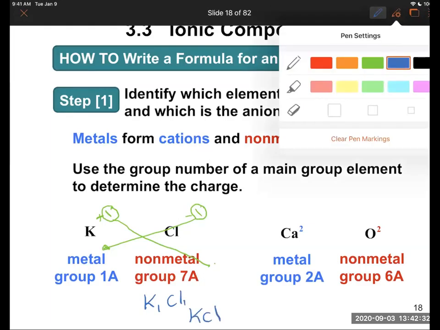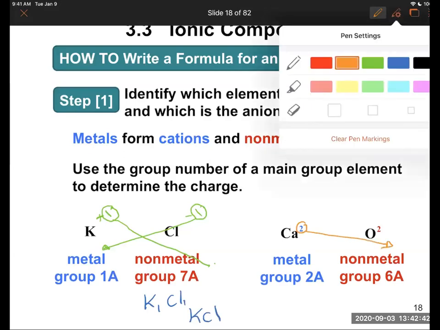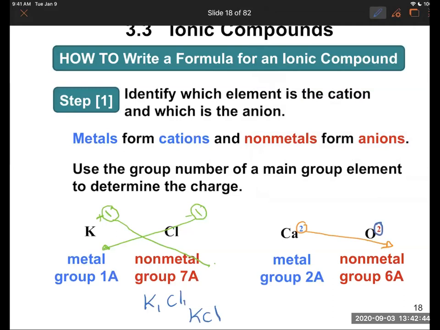Notice here, calcium carries a charge of 2+, so the 2 is going to be the subscript of oxygen. Oxygen carries a charge of -2, it's going to become the subscript of calcium. So we write Ca2O2, but we always want to represent the formula at the lowest ratio possible.